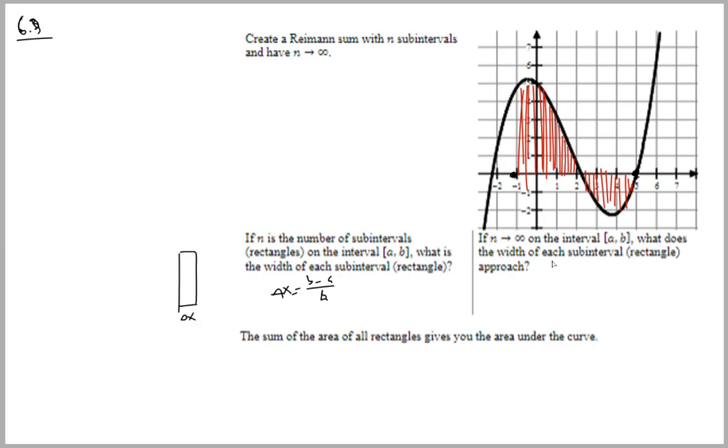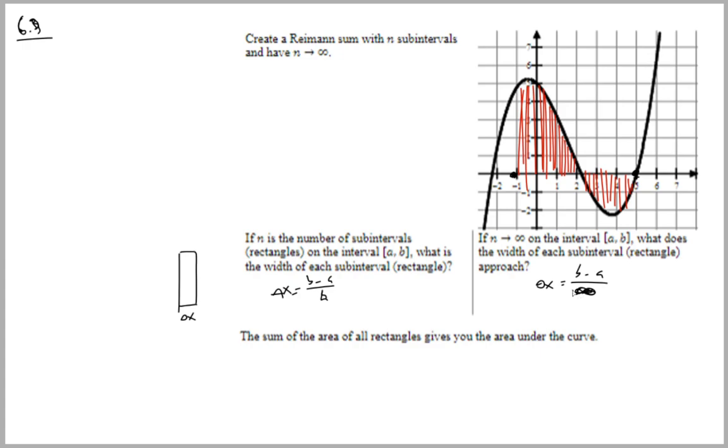So if n goes to infinity on the interval a to b, what does the width of each subinterval rectangle approach? That means the change in x would equal b minus a over infinity.